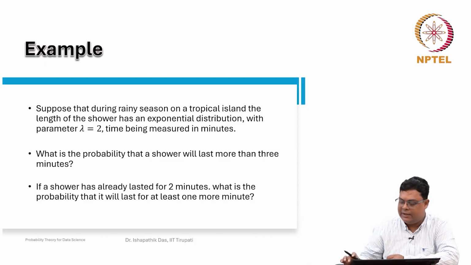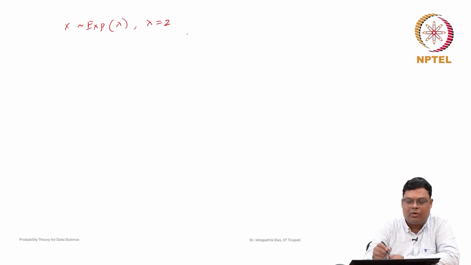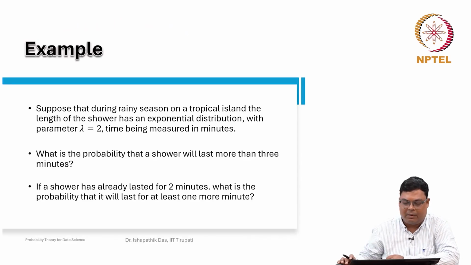Here it is given that X, the shower time, has an exponential distribution with parameter lambda equal to 2.